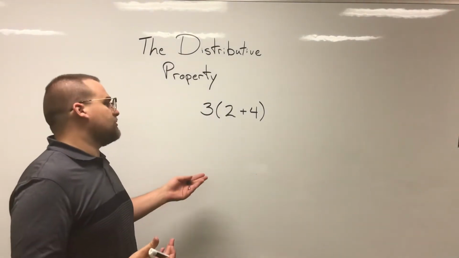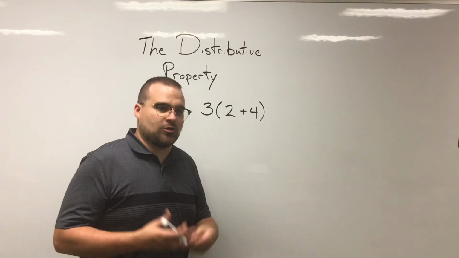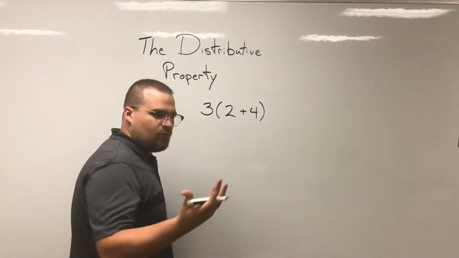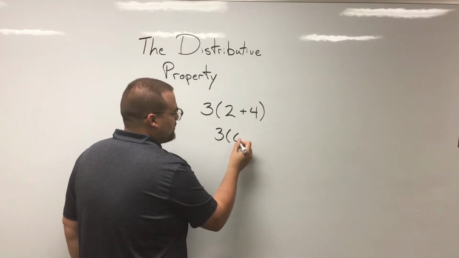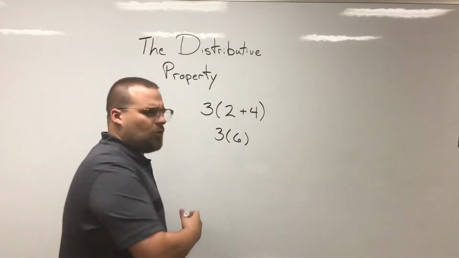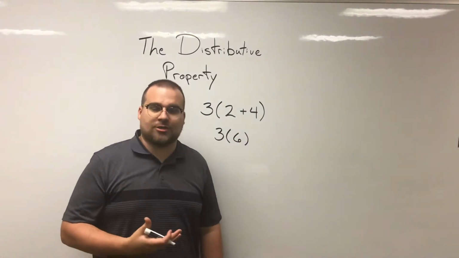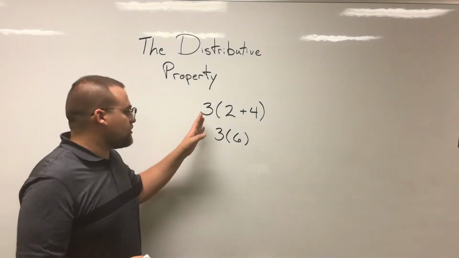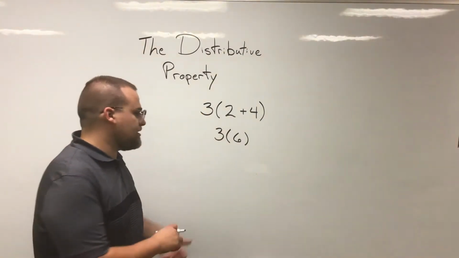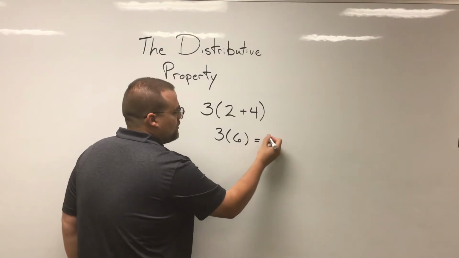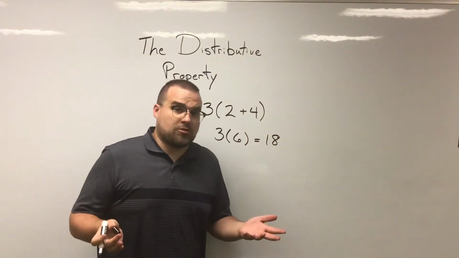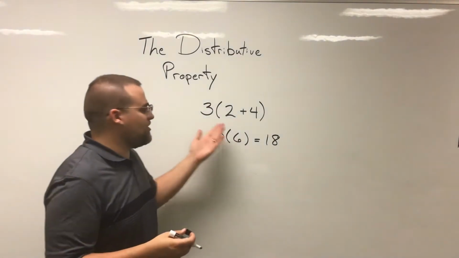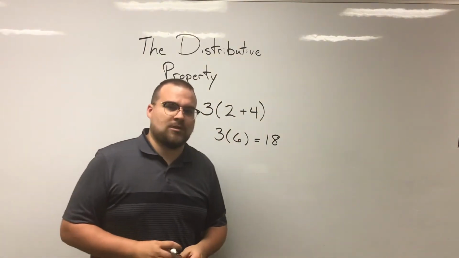Order of operations tells us to combine our terms in the parentheses, or solve what's in the parentheses. That would get us a 6 in there, right? And then we would go ahead and do the multiplication that is involved with this 3 on the outside. 3 times 6, and that would give us 18. Now, I think that's what most of us would do if we were faced with this exact expression.